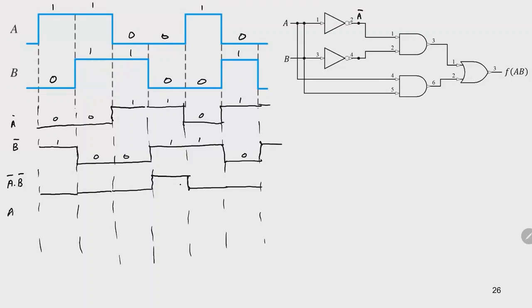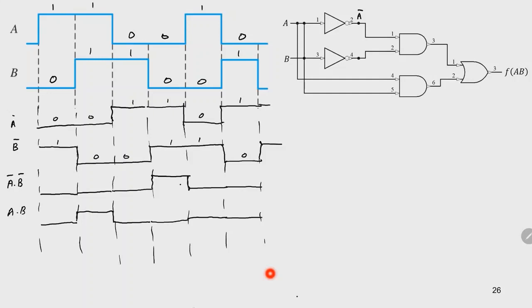And then A and B. So we look at the top one. So here 1, 0 gives us 0, 1, 1 gives us 1, and then 0, 1 gives us 0, 0, 0, then 1, 0 gives us 0, then 0, 1 gives us 0.